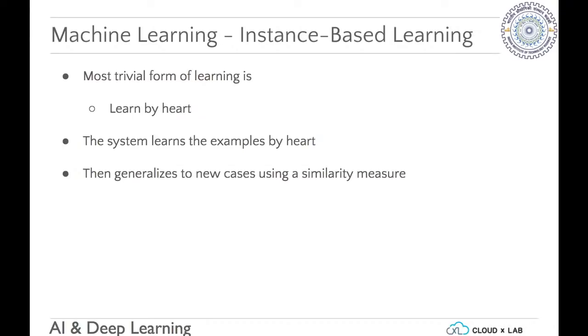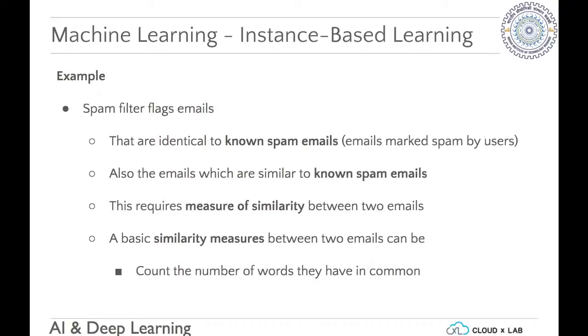Instance-based learning doesn't come up with very good results. A spam filter, let's say, flags emails that are identical to known spam emails. Also, emails similar to known spam emails will get marked. This requires a measure of similarity between two emails, and a basic one can be to count the number of words they have in common.